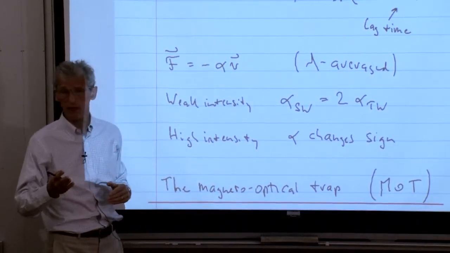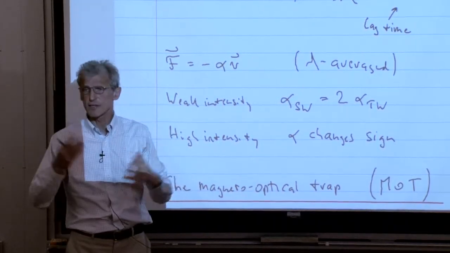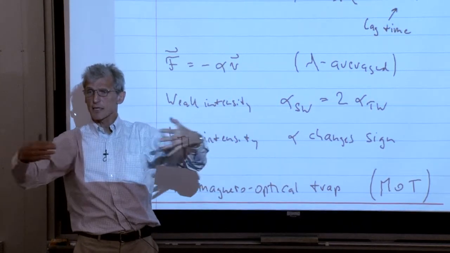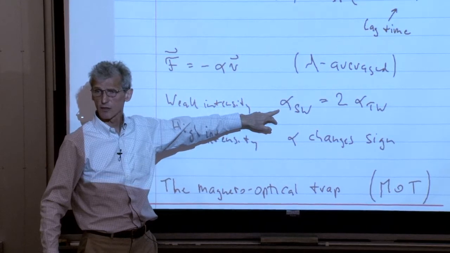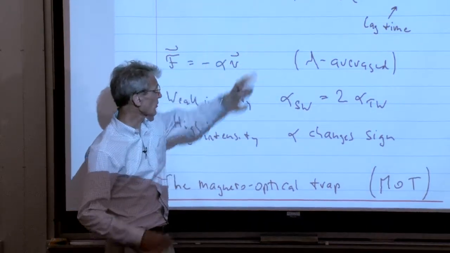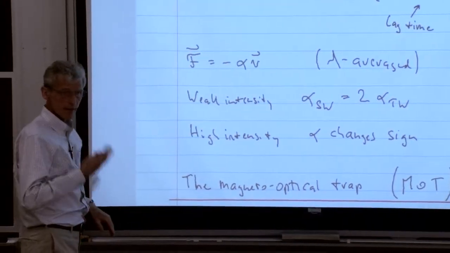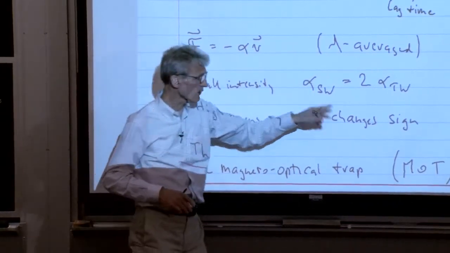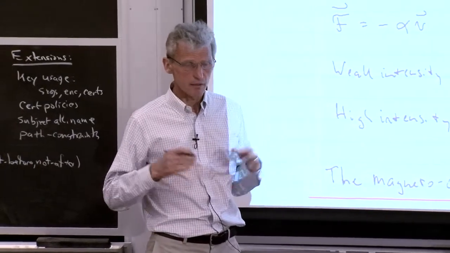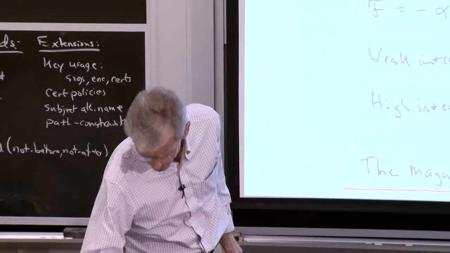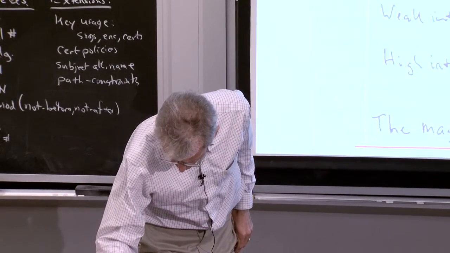And that justifies that we describe molasses by the spontaneous light force of 2 traveling waves, completely ignoring the standing wave. But the same treatment of the optical Bloch equation will then eventually give us the result that alpha changes sign at high intensity. But as I said, I want to describe that after we have introduced the dressed atom picture.